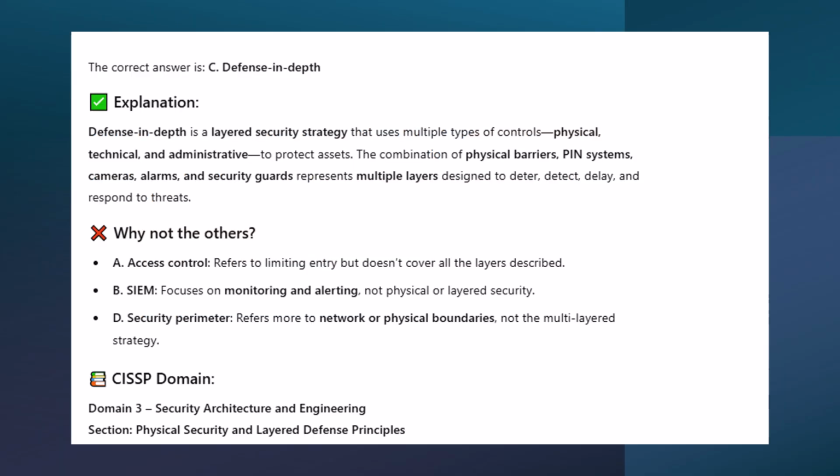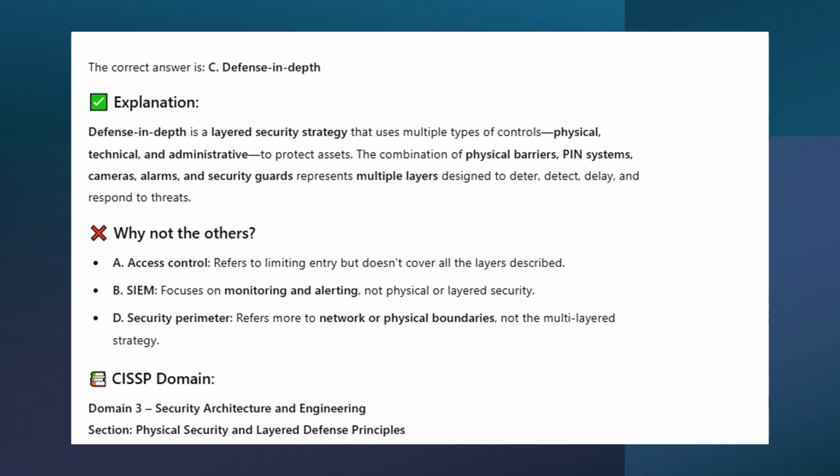The correct answer here is C. Defense in depth. Defense in depth is a layered security strategy that uses multiple types of controls: physical, technical, and administrative, to protect your assets.